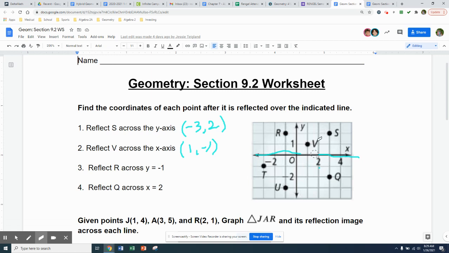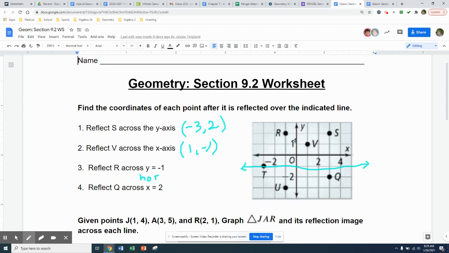The next problems, we're going to have to go back to a little bit of Algebra 1. Reflect across the line y equals -1. Well, y equals -1 is a horizontal line where all my y coordinates are equal to -1. So that would be right there. So y equals, may want to make a little note there, is horizontal. So there would be my y equals -1.